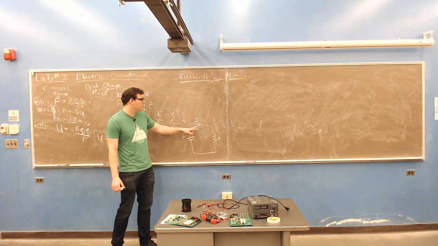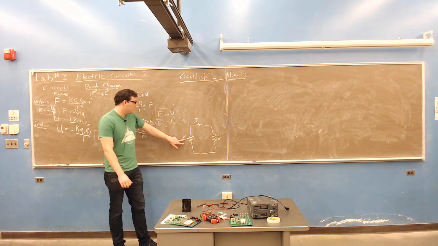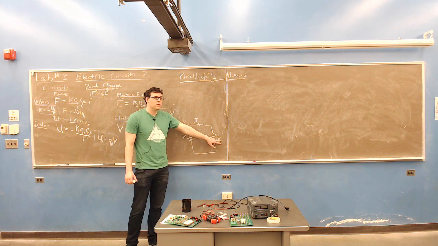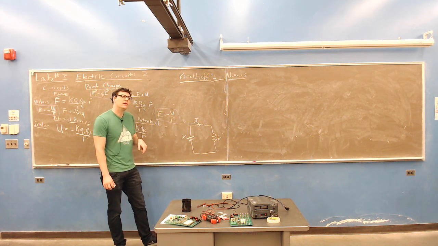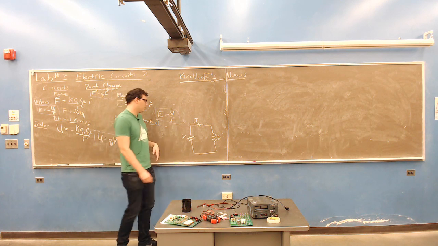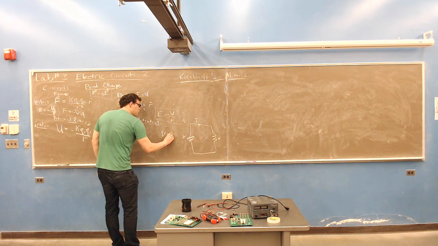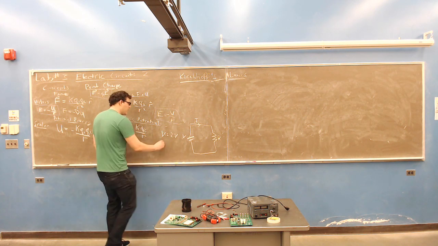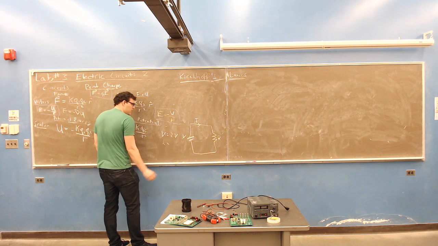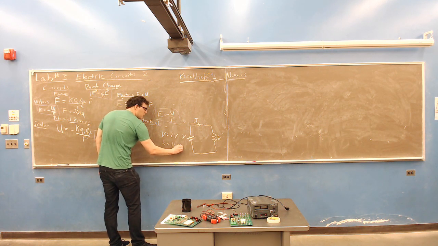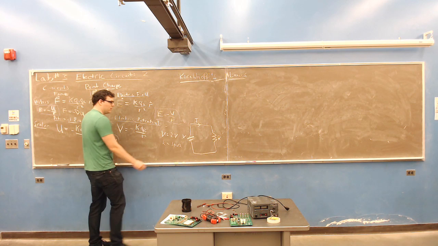What's the relationship if I gave you what the voltage was and what the resistance was, could you tell me what the current is in the circuit? So let's say the voltage is 2 volts, and I give you a resistor of 10 ohms. What would be the current?